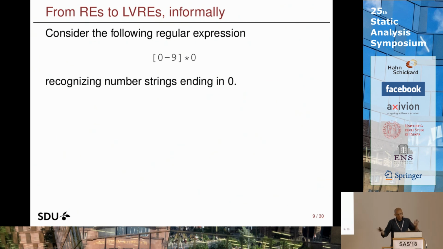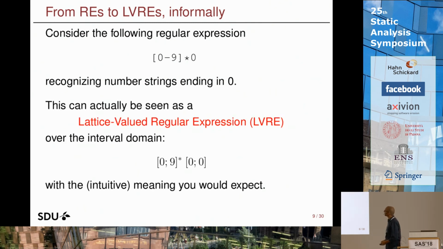So, scary word, lattice-valued regular expression. Well, perhaps not scary, but at least long. So let's just start with the regular expressions. Here's a regular expression as I think most of you who have operated a Unix command line would recognize, some string of digits ending in a 0, right? So if you agree with me there, I claim that you also understand lattice-valued regular expressions, because this can be seen as a lattice-valued regular expression over the domain of intervals.